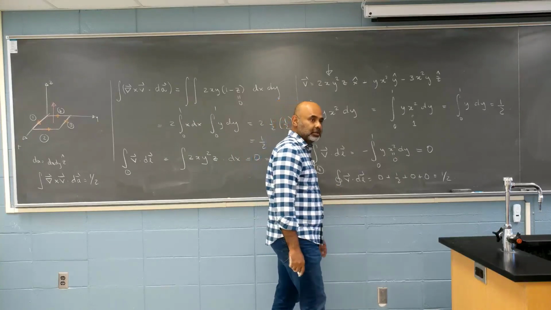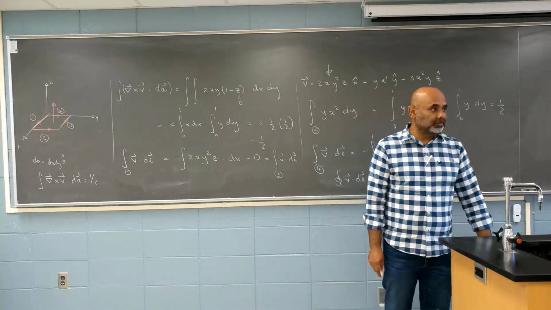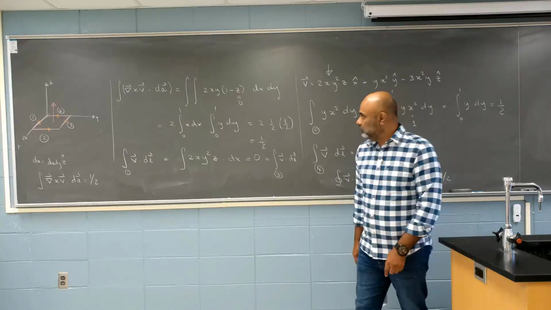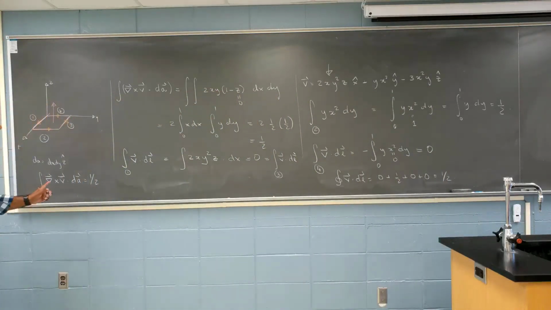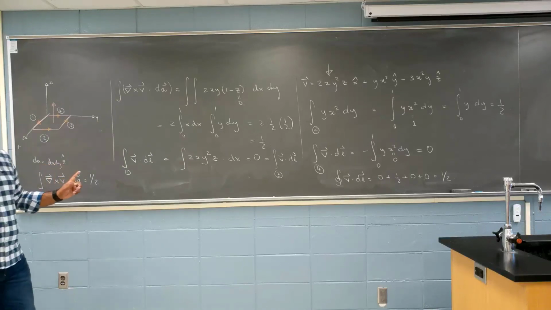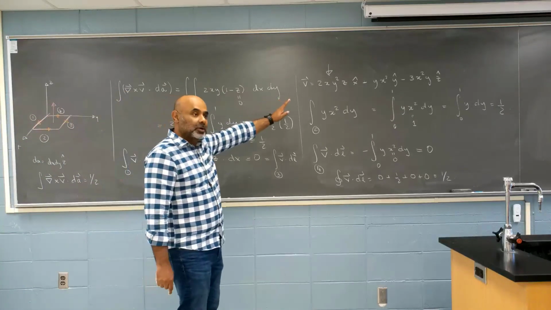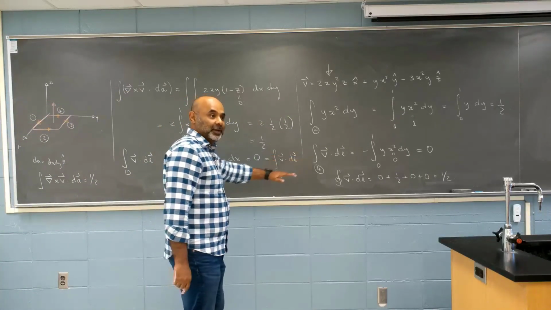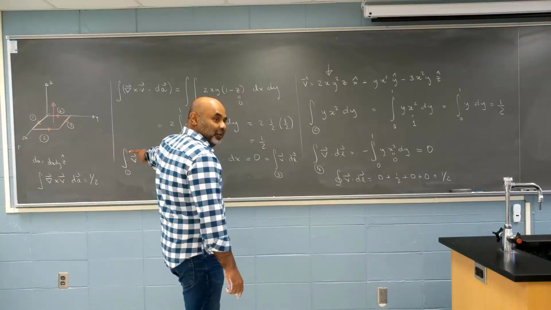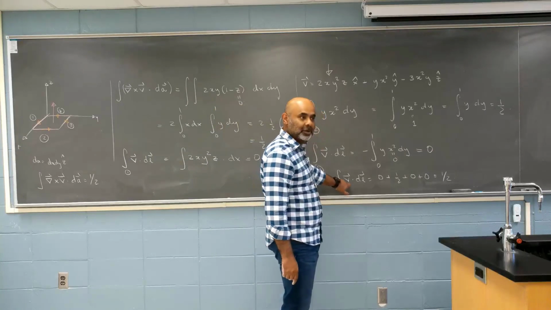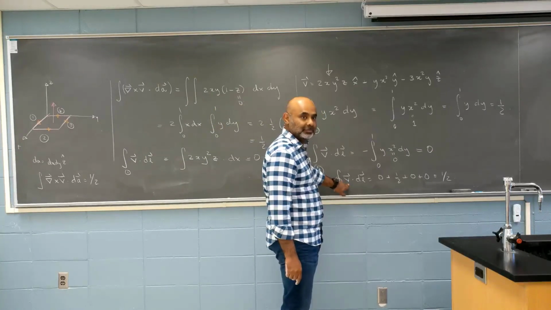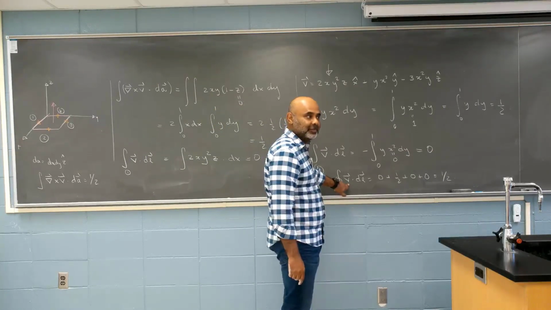Those are the two sides of Stokes' theorem. Yeah, so good catch. Don't make the mistake we're just about to make. When we compute the curl of V, that's fine for the left-hand side. For the right-hand side, you use V, not the curl of V. Very good?